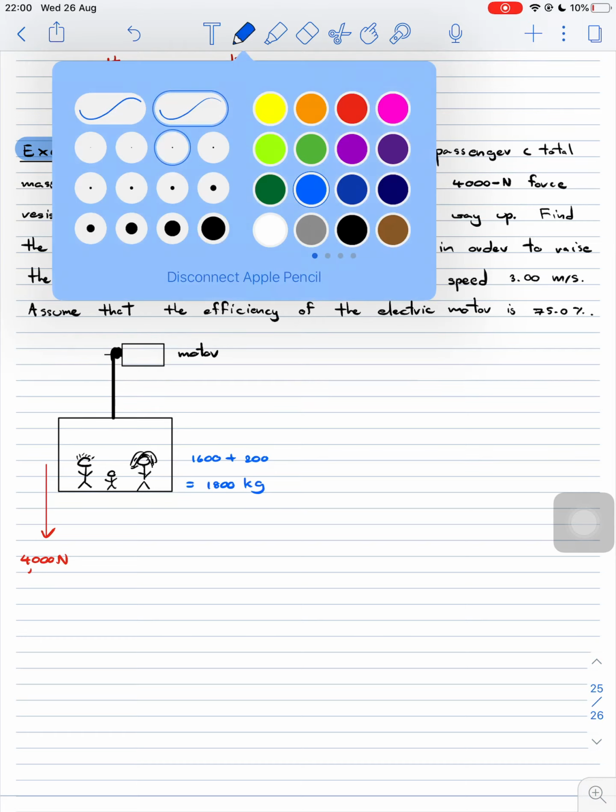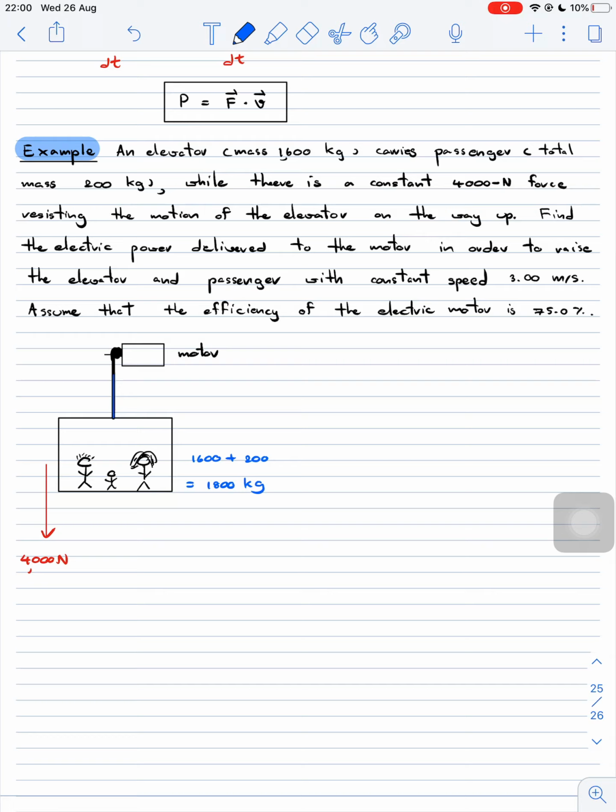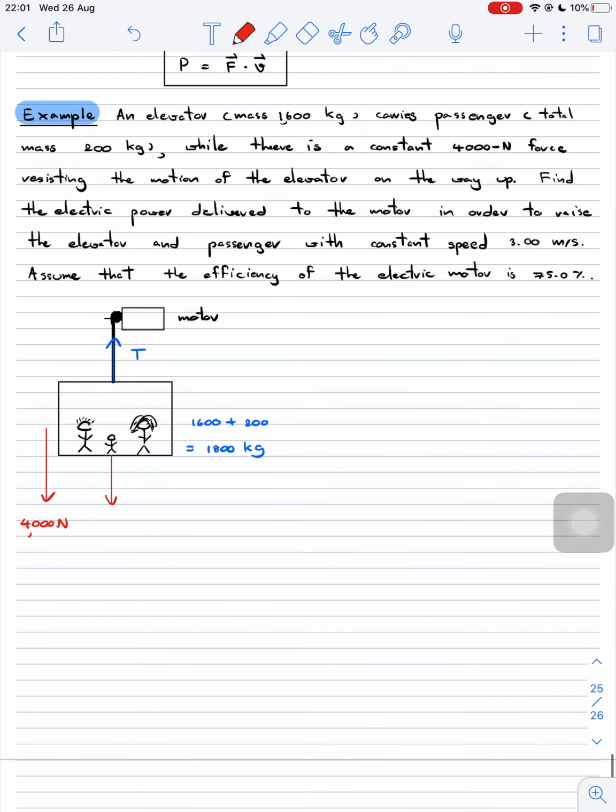Then again, we must have the tension due to this cable, which is equal to T, for example, and then we should have the weight due to the mass of the elevator and the mass of the passenger. The weight is equal to 1,800, this is the mass, times gravity g, 9.81.